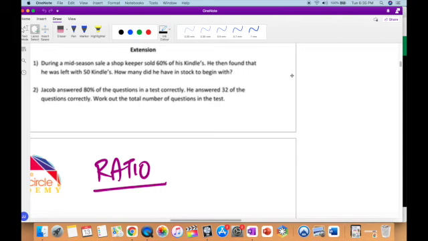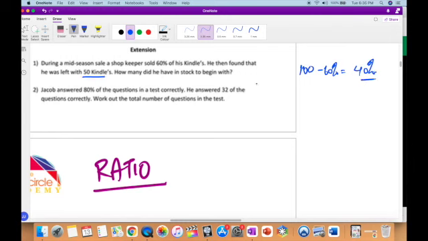Right, so you see, he found that he was left with 50 Kindles. So 50 Kindles is actually 40%, eh? Right, so he had 100 and he sold 60%. So that means he only has 40% left, yeah?